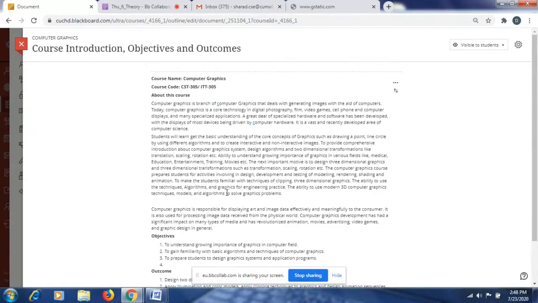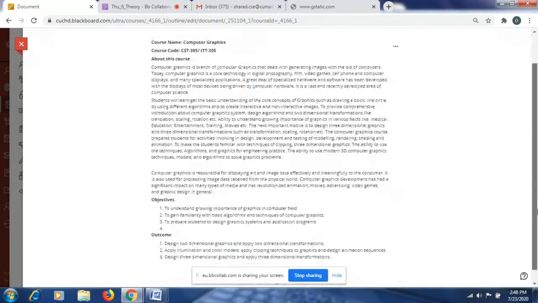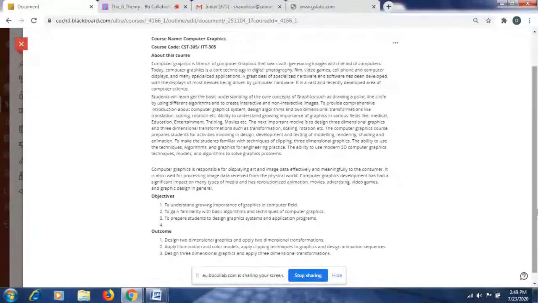There are some clipping algorithms, and by clipping we mean we can display a particular part of an image, and that part is shown on our computer screen. We can also draw different types of curves. There are also some graphic packages, 2D transformation, 3D transformations, and various applications that we will study in this subject. So these are the objectives and outcomes of your syllabus.